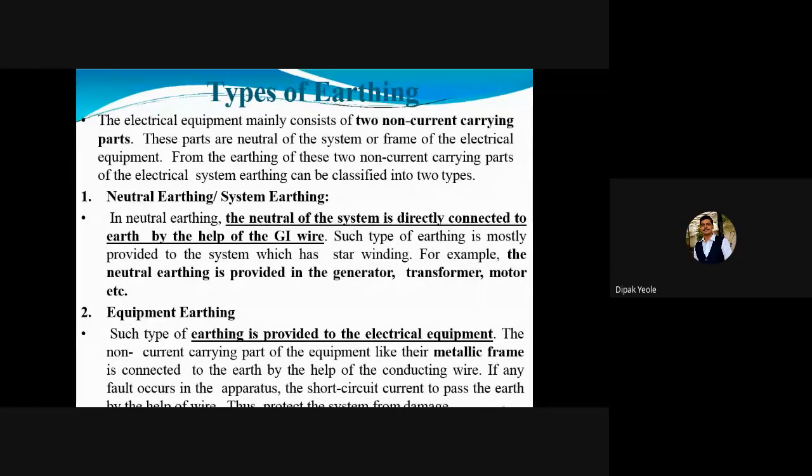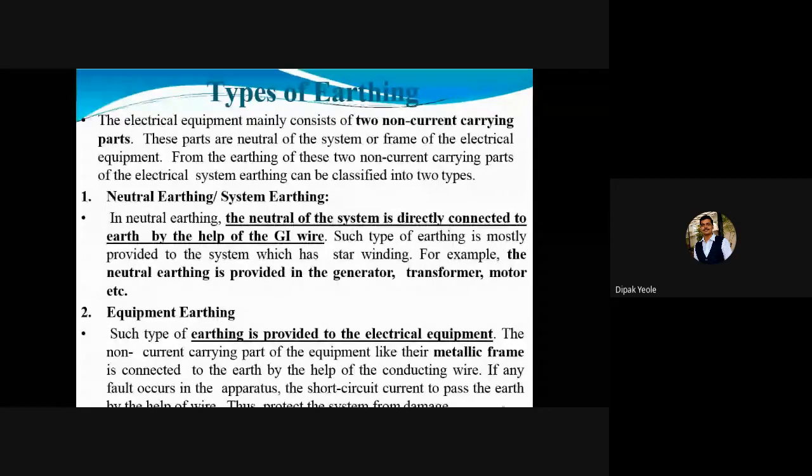These parts are the neutral of the system and the frame of the electrical equipment. From the earthing of these two non-current carrying parts of the electrical system, earthing can be classified into two types. So there are basically two types of earthing available.